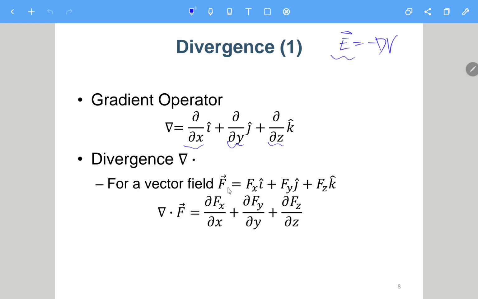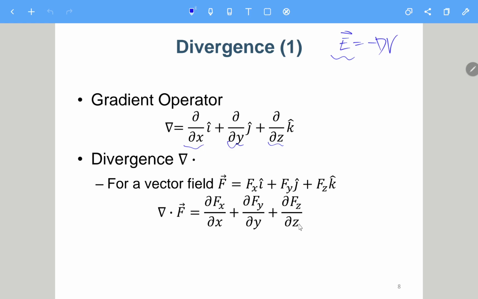A vector field f has an x component, y component, and z component. So the solution is that you have this equation: divergence of f is partial fx partial x, plus partial fy partial y, plus partial fz partial z.